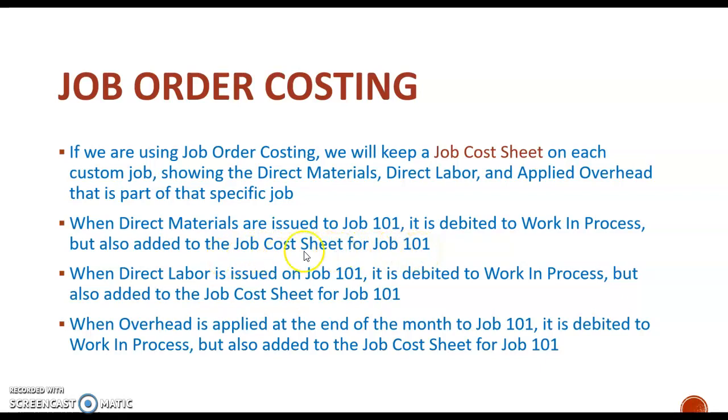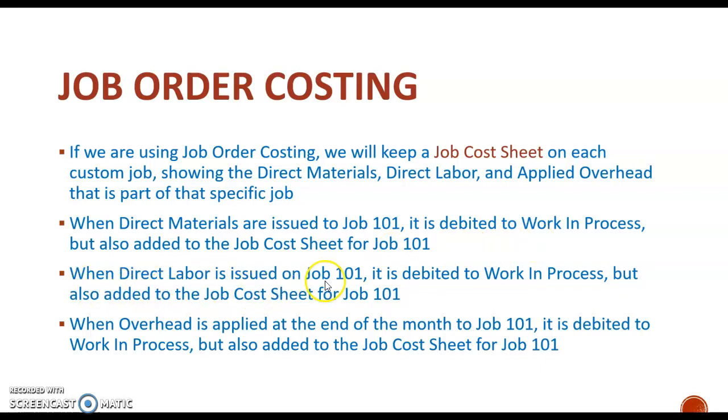So this job cost sheet acts like a subsidiary ledger for work in process. If I add up the final running total balance of all my jobs, it should equal the final running total balance in my work in process account.